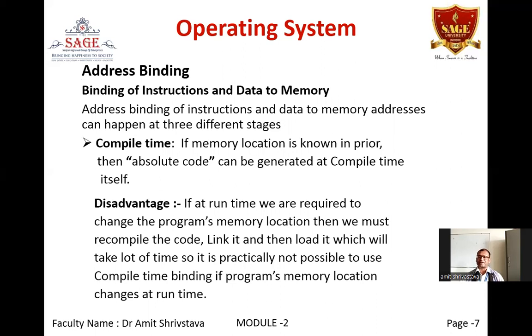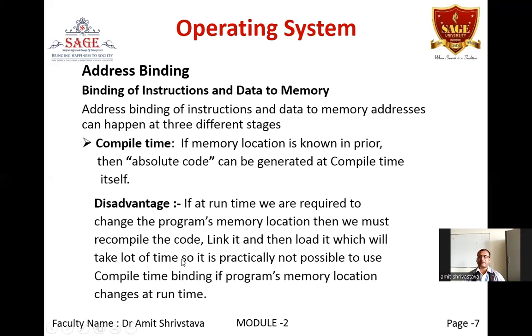This mapping can be done at 3 different times. At compile time, if the memory location is already known in advance, then absolute code can be generated at compile time itself. What is the disadvantage? If we try to shift our program at runtime, maybe due to the compaction technique or any other reason, then the program needs to be recompiled, linked again, and loaded again.